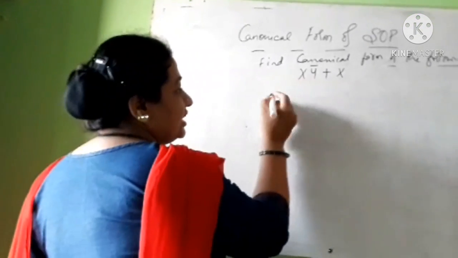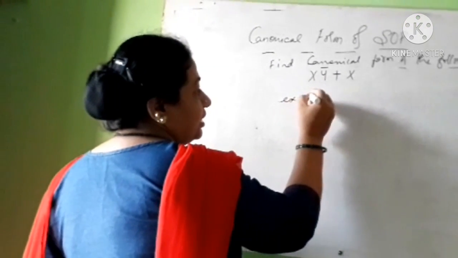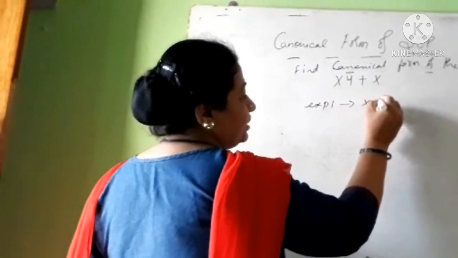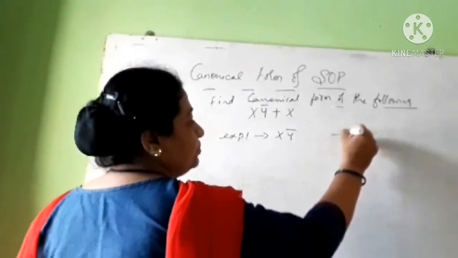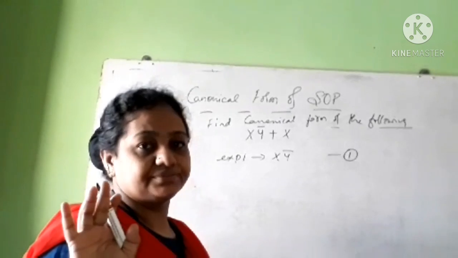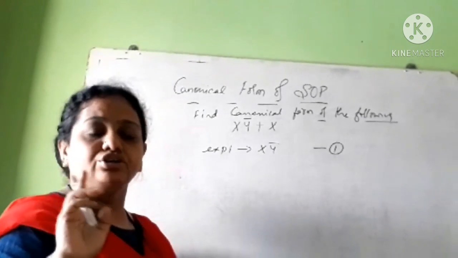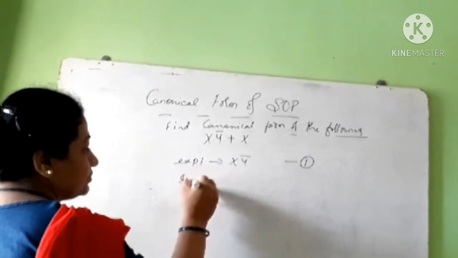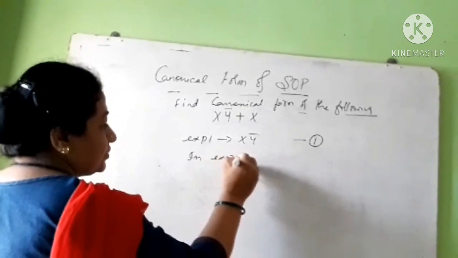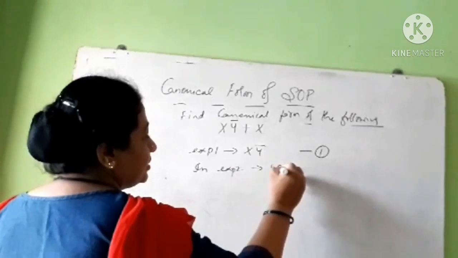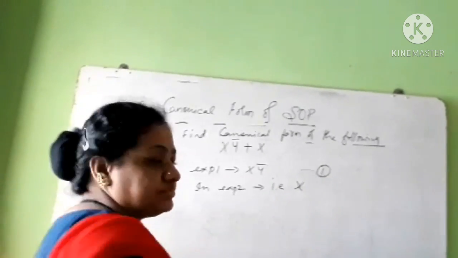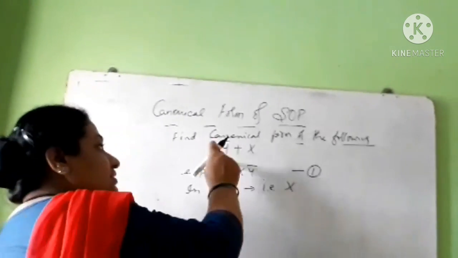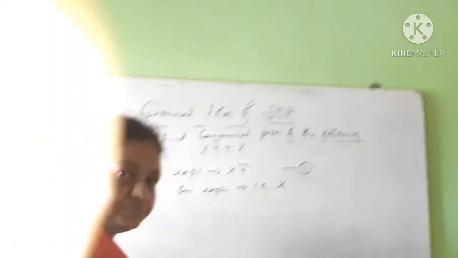Let us take the expression 1. Expression 1 is x y bar. So we have two variables. There is no change. It has got both variables. This is expression 1, this is expression 2.